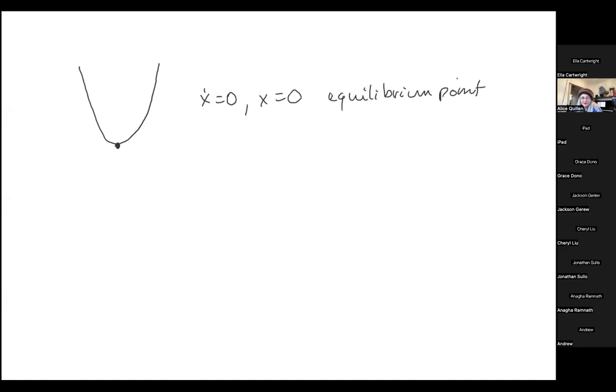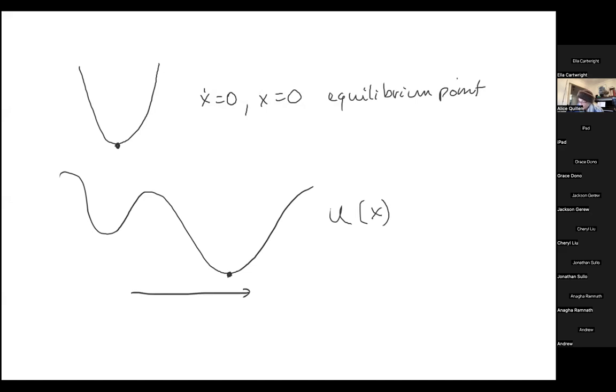What I'm going to say now is that we already know this would be true for any potential energy if you start down at the bottom of one of these places. So let's take a more complicated potential energy function. If we put a particle at the bottom of a potential well and put the velocity equal to 0, it'll stay there.